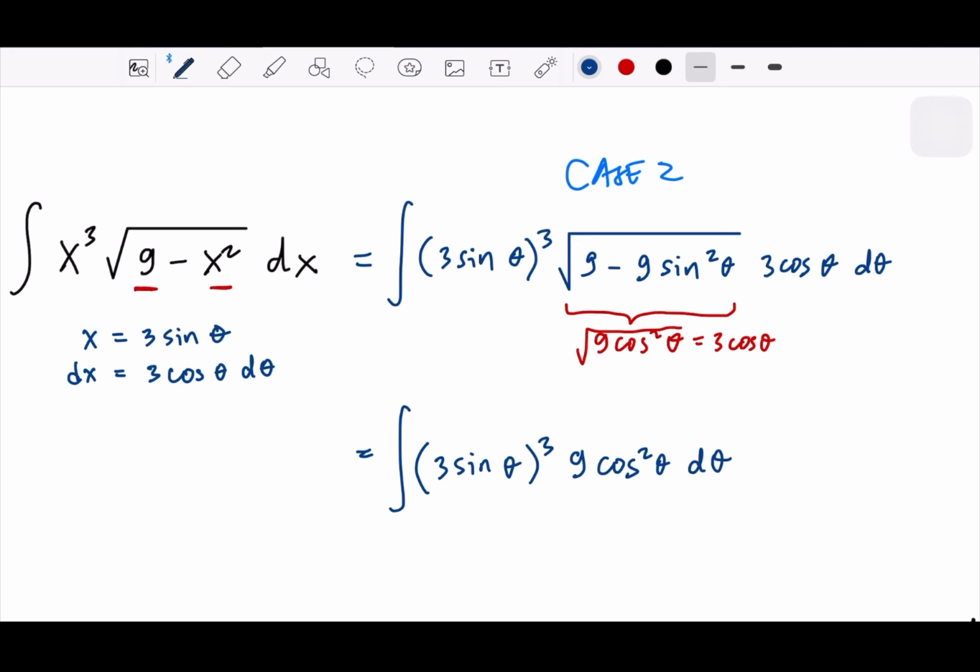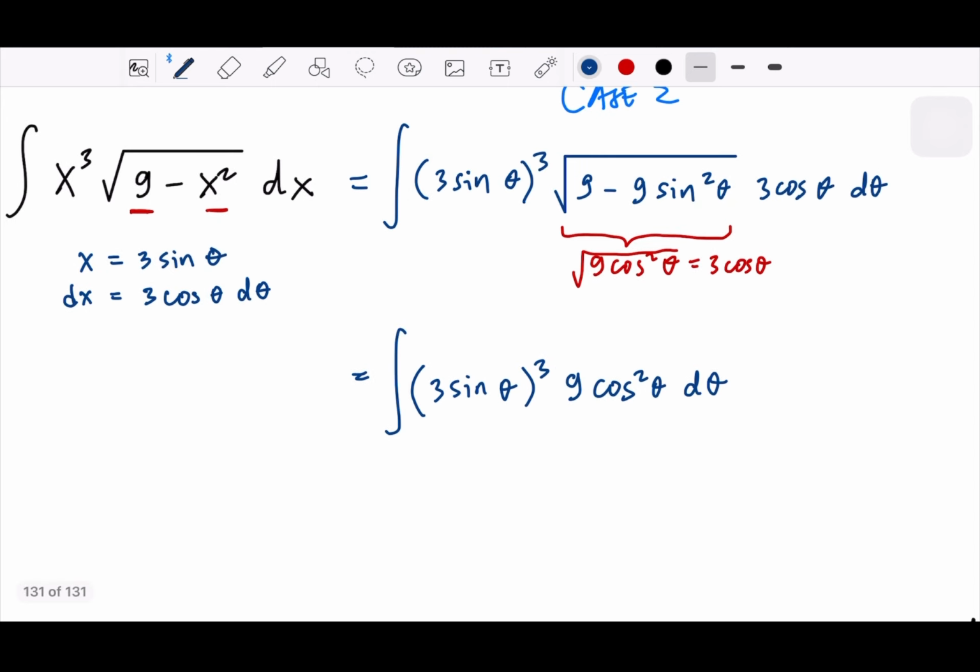Now we have a trigonometric integral like we did yesterday. If we factorize all the factors of 3, we get 3 to the power of 5, and then we integrate sine cubed theta and cosine squared theta d theta.